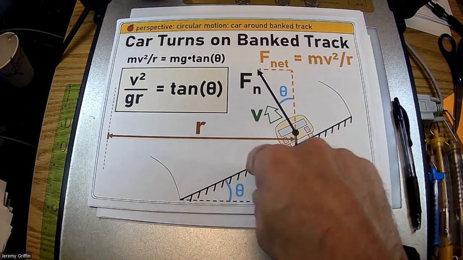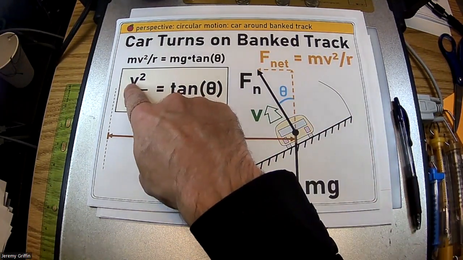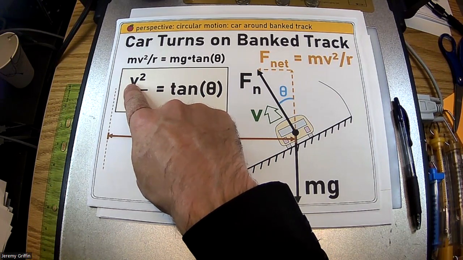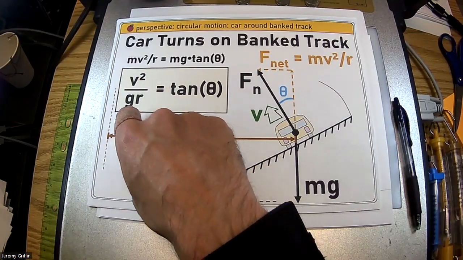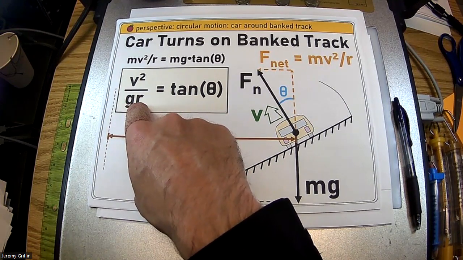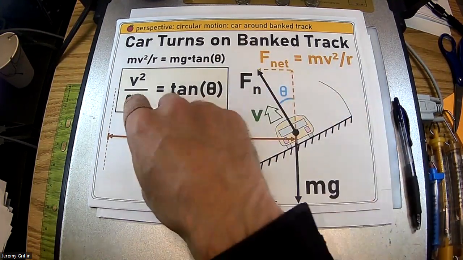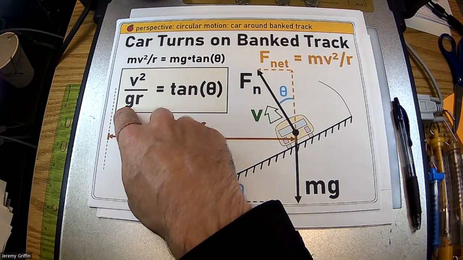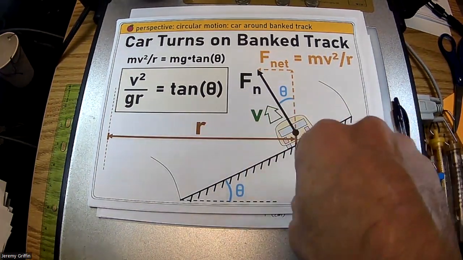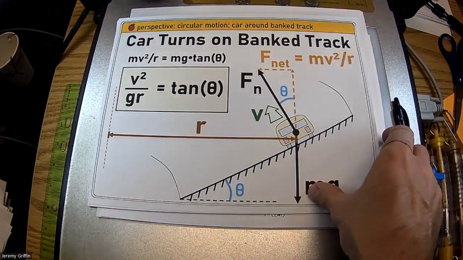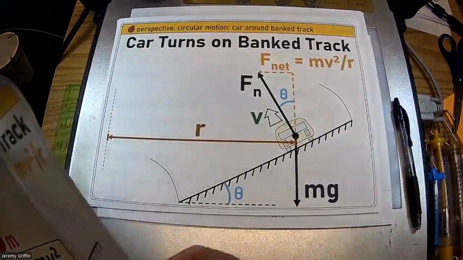So maybe there's some ideal speed, some speed limit, like I know it's going to be about 40 meters per second or miles per hour or something. I know the radius of curvature is going to be such and such. I know what Earth gravity is. What angle do I have to bank the road to let this car make the curve with no friction? So you could find that.